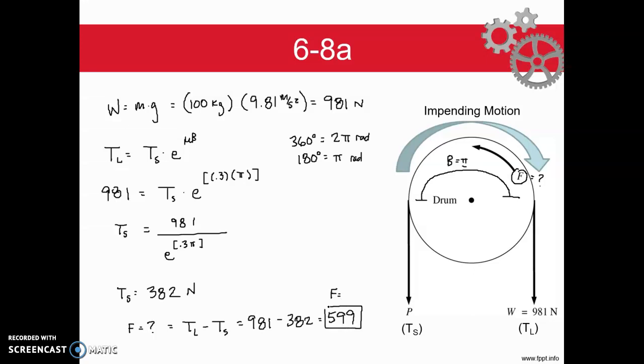The difference between these two forces, the reason why they are different, is because there is friction occurring here, and the belt friction is 599. So that's why we only have to pull with 382 newtons worth of force in order to keep that 981 newton weight suspended above the ground.